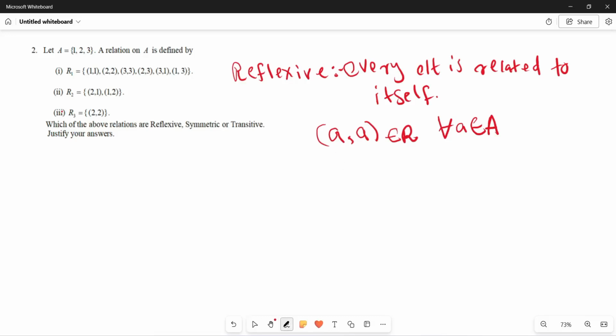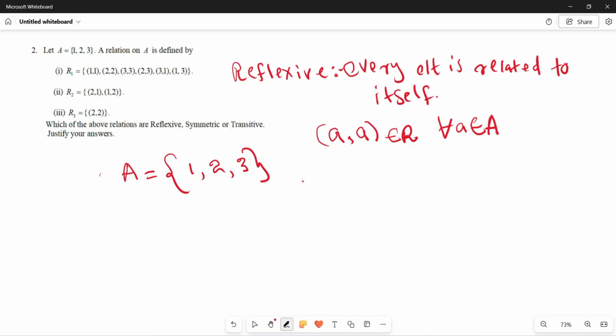So how do you find this out? We first consider the set. The given set is {1, 2, 3}, and we consider all the elements in this set A: 1, 2, 3.